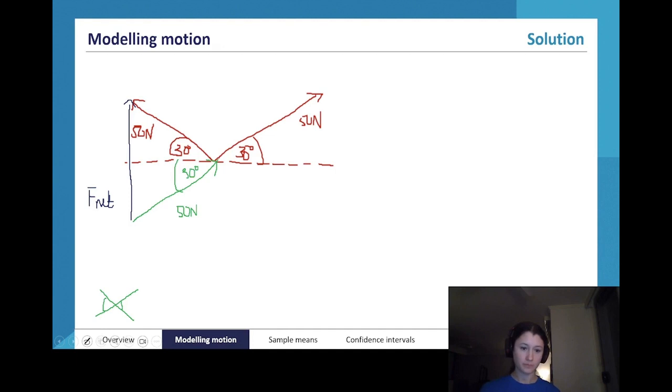Alright, so finding our net force, we're going to use our cosine rule.